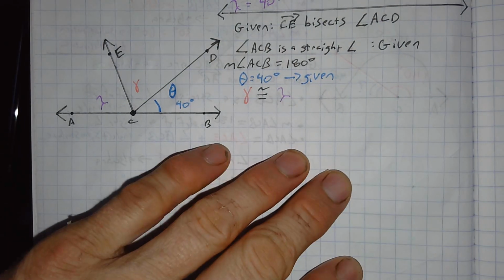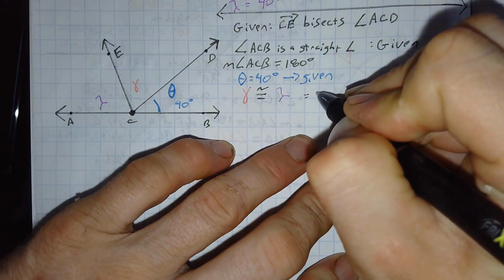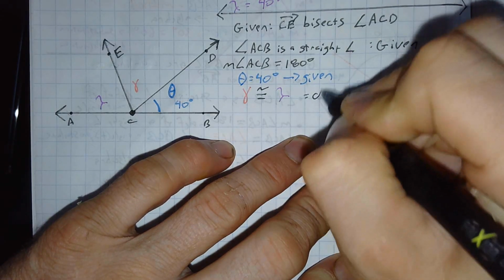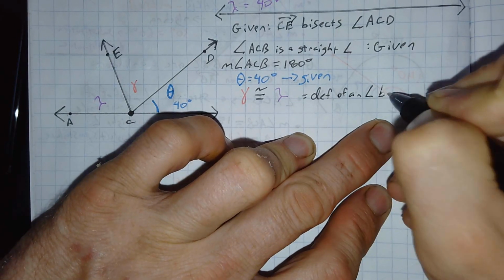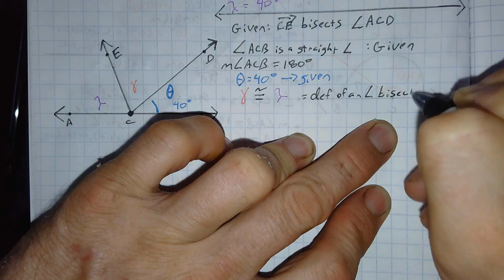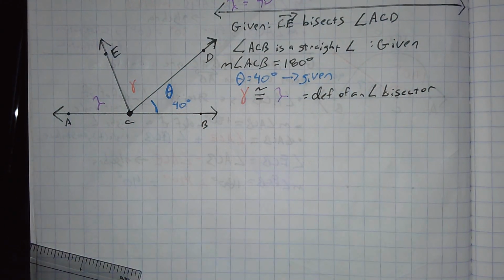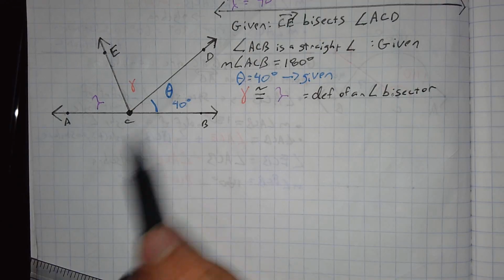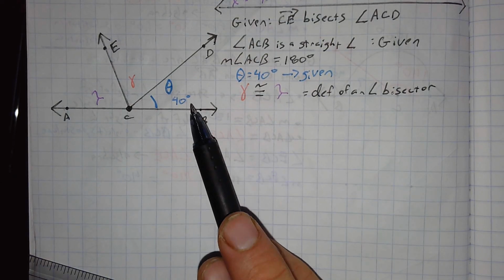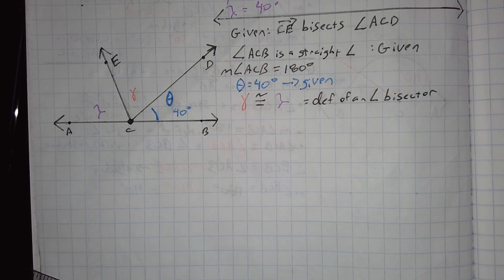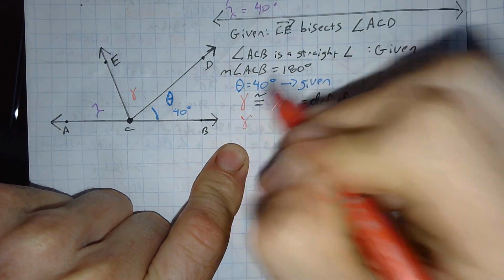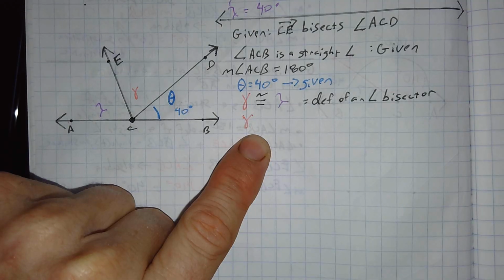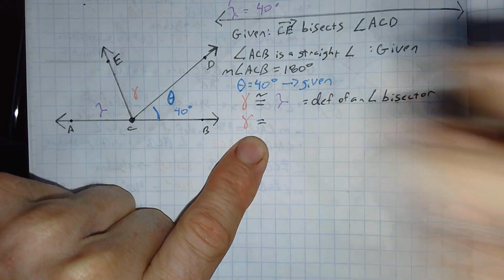Okay? Because this is the definition of an angle bisector. Okay? So this angle and that angle are the same measure, and that angle is 40 degrees. All right. So I guess I'll put that down there. I'll say the measure, so gamma, because this is in Greek letters, I'm not going to put the little measure symbol.